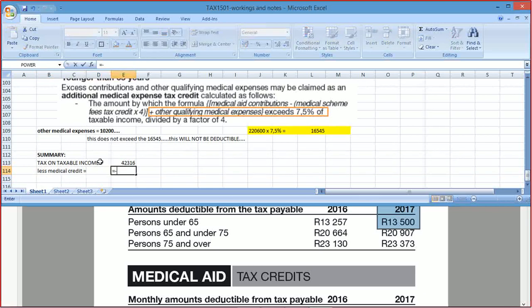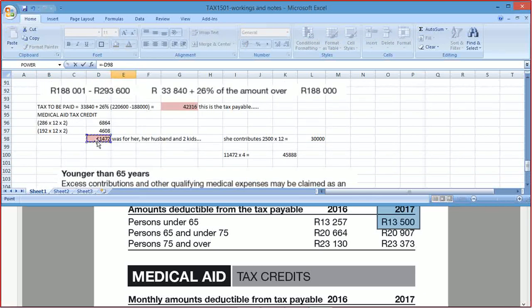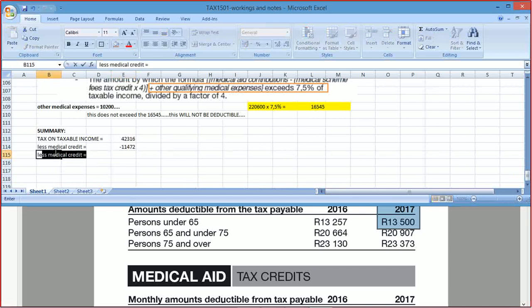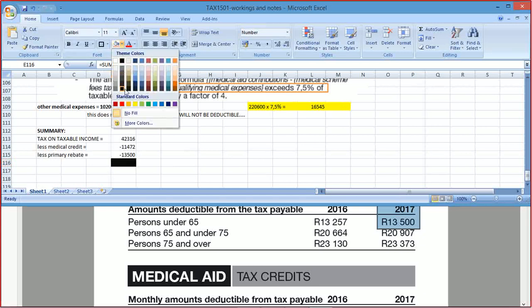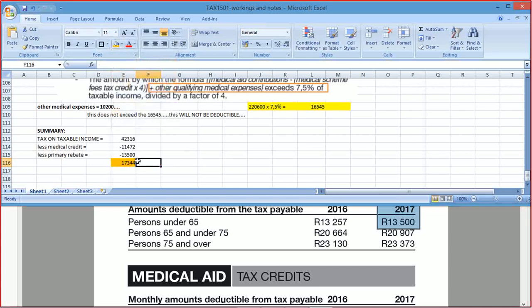Okay, medical credit was equal minus that. Okay, and then less primary rebate, which is minus 13,500. Okay, so equals, sum up all of that. 17,344 would be her tax liability.